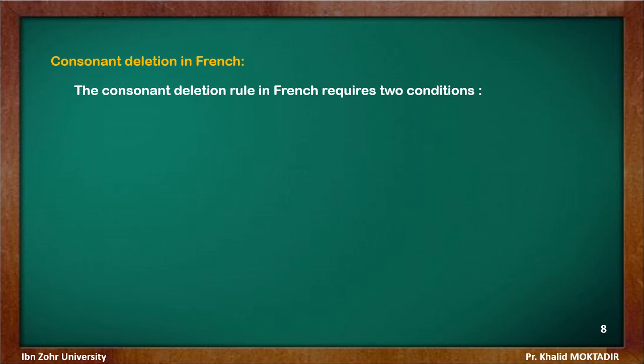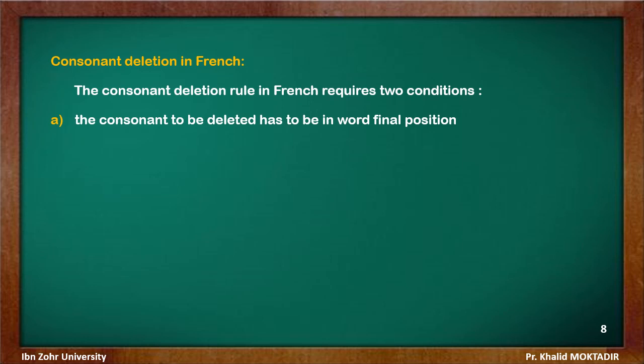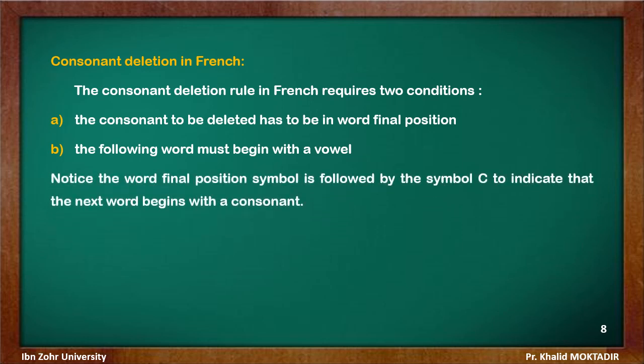Now we move to consonant deletion, and we pick up an example from French. Remember, the consonant deletion rule in French requires two conditions. First condition is the consonant to be deleted has to be in word final position. And next is the following word must begin with a vowel.